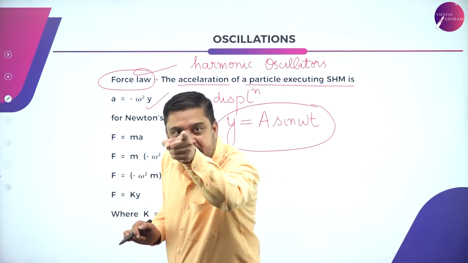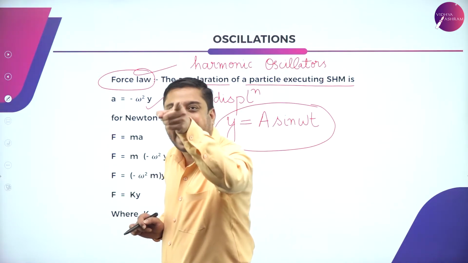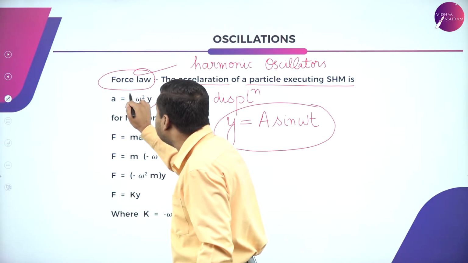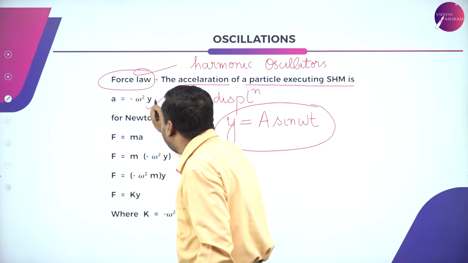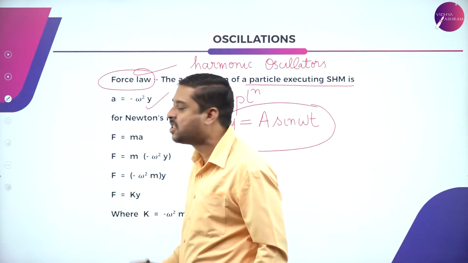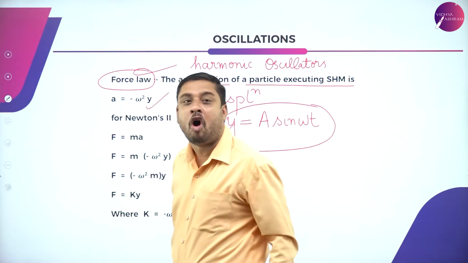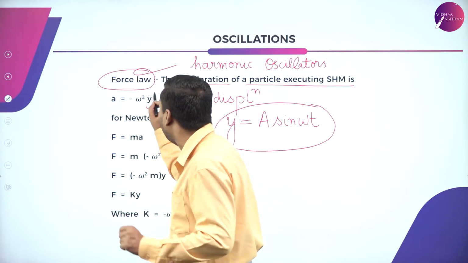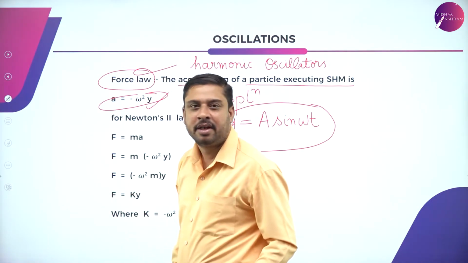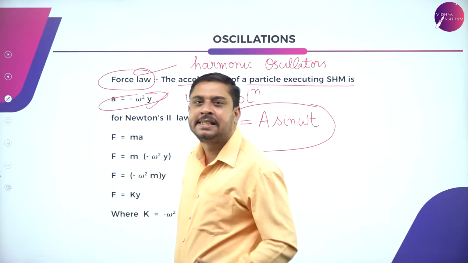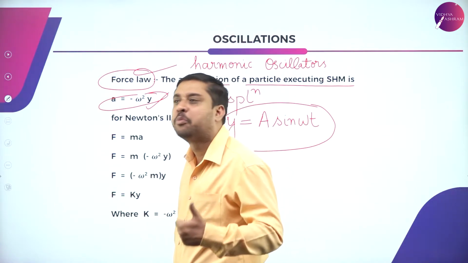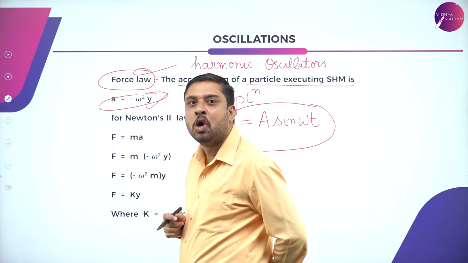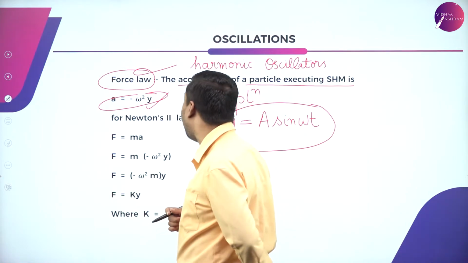If you observe that expression, the characteristic of SHM is established. Acceleration is directly proportional to displacement, and it is opposite to the displacement, directed as a restoring force. So, acceleration during any simple harmonic motion, A equals minus omega square y.